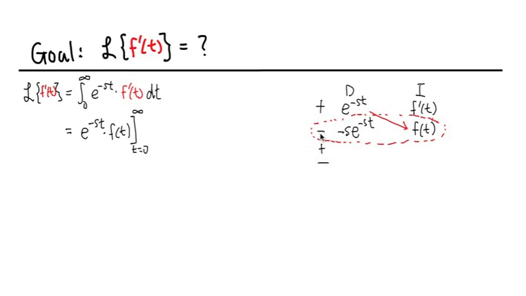Anyways, here we have minus times minus, which is a plus, and keep in mind that's still an integral, so let me write this down. We have a plus, another integral, with the same limit from 0 to infinity, s e to the negative st times f of t, and this is once again dt.